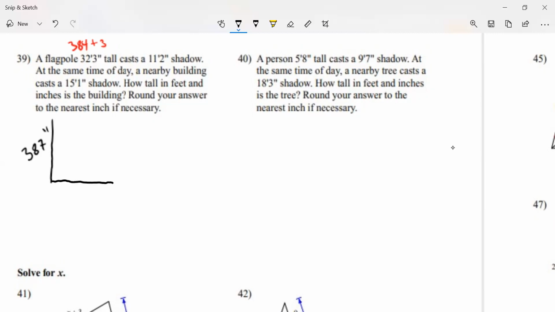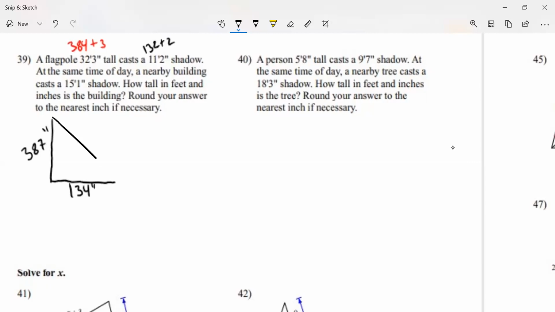Now it has a shadow. Now 11 feet, 2 inches. I know 11 times 12 is 132. Plus 2 inches is going to be 134 inches. I'm writing everything into inches.